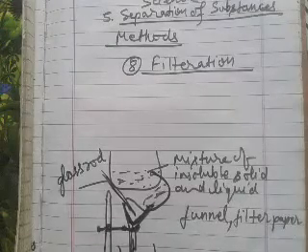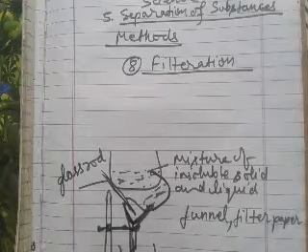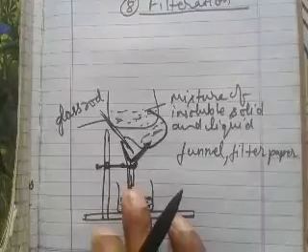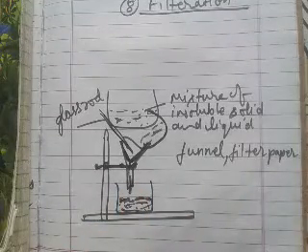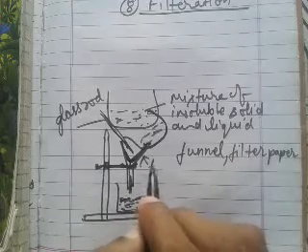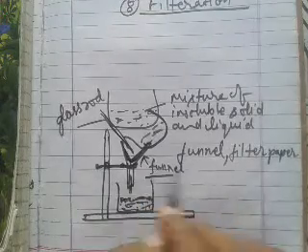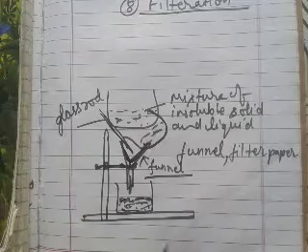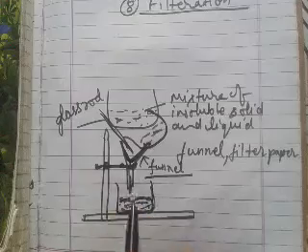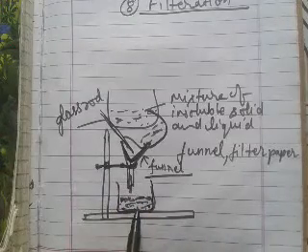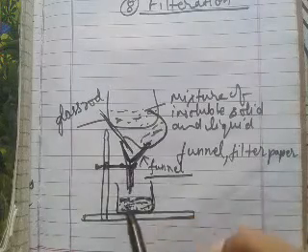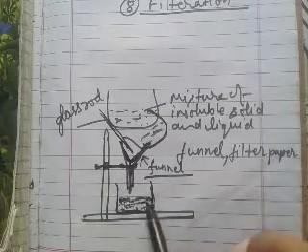As I draw the system in this paper, a funnel is used for the filtration process, and another beaker is placed under the funnel or the apparatus for the collection of clean water or liquid.